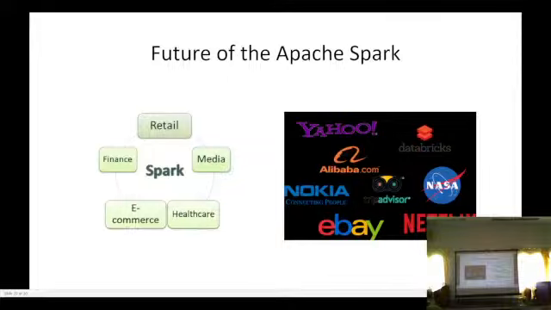We can use Spark in various applications: healthcare to maintain records and details, e-commerce like Flipkart and Amazon, finance, retail applications, and media like Netflix and YouTube. Almost all users are using Spark because of its speed. It is 100 times faster than Hadoop.